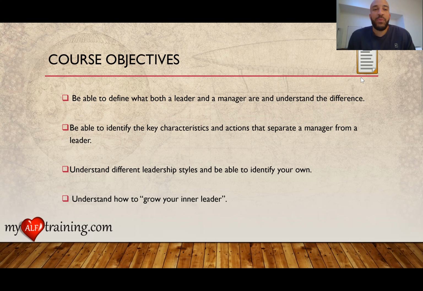So the first course objective is at the end of this course or presentation, I will expect you guys to be able to define what both a leader and a manager are, and also understand the difference between the two.